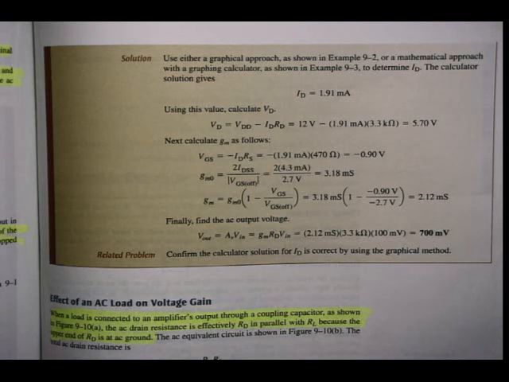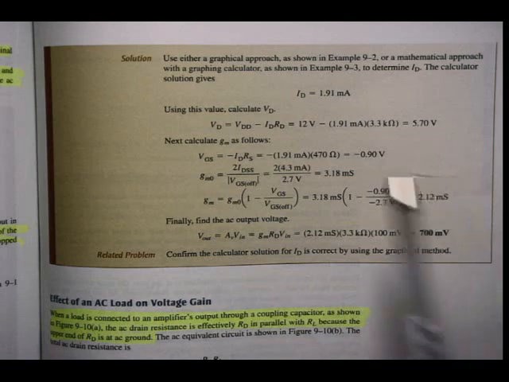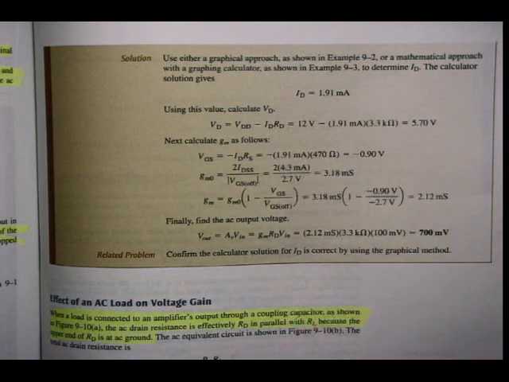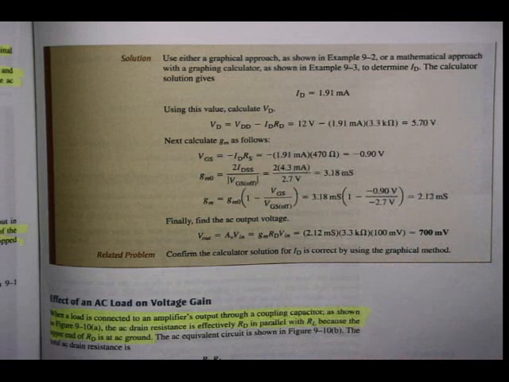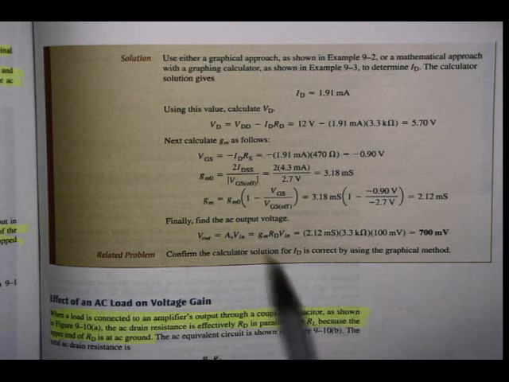They took a quick method using a calculator to determine ID. But remember, in the previous example, they've shown you how to determine ID graphically. Now they've got an answer of 1.91. Your answer may differ a little bit because it's determined graphically. And then using this value, I have to go and do the next calculations.